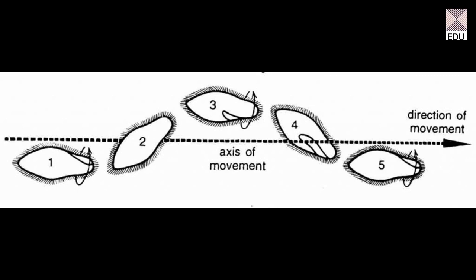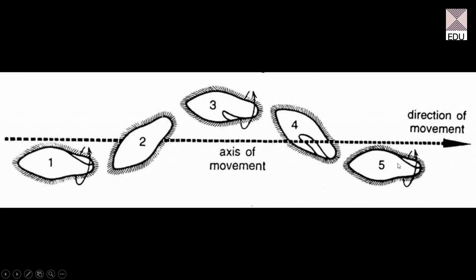Now here we can see that first of all it is moving towards the anterior side. That means towards the right side. Here we have written the direction of movement. So this is the direction of the movement. It is moving from left to right. Why is it the right side?